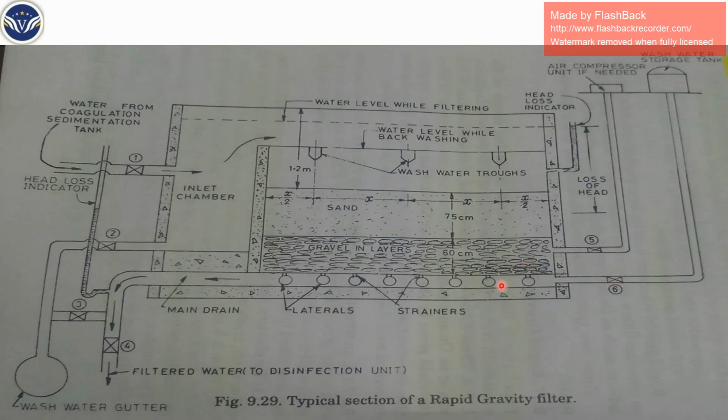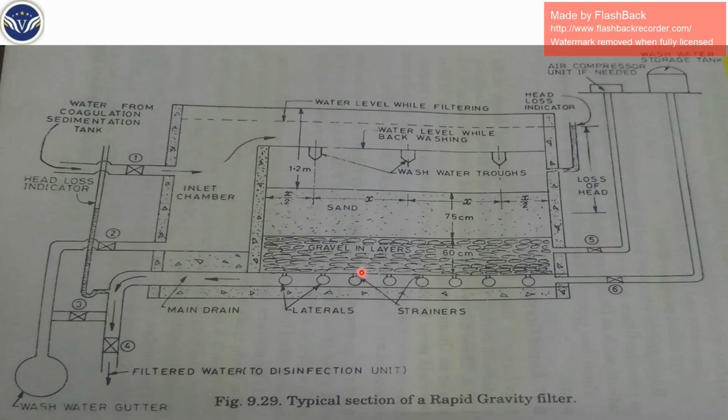When you get an insufficient amount of air, you need to close valve number 5. Then the water enters the inlet chamber, and that wastewater you need to remove. It is removed from valve number 2, enters the gutters, and this process is continued for 2 to 3 minutes.